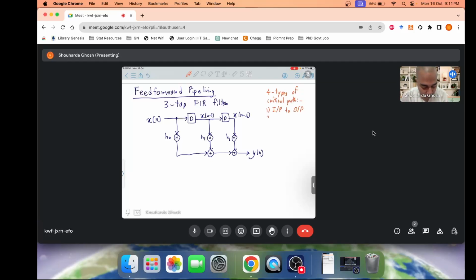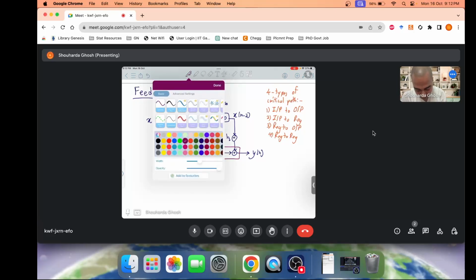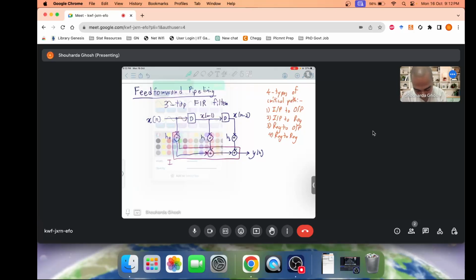So we have input to output, input to register, register to output, and register to register. Okay, so in this scenario you have actually 2 critical paths with the same delay. And what is the critical path delay?